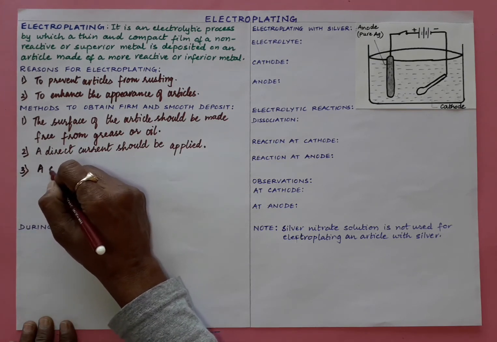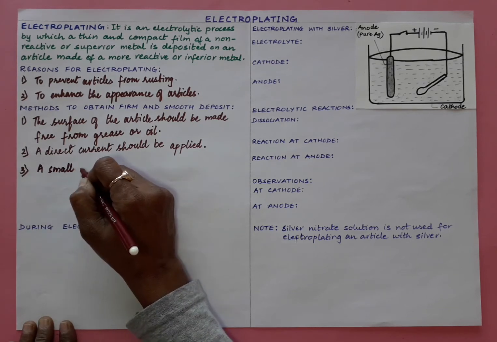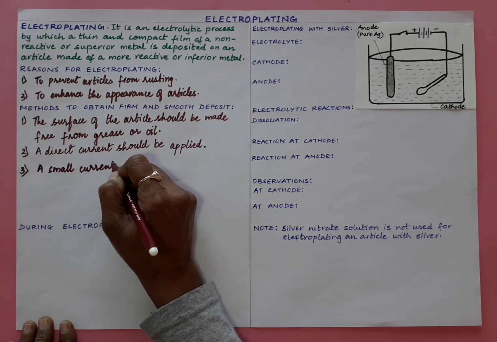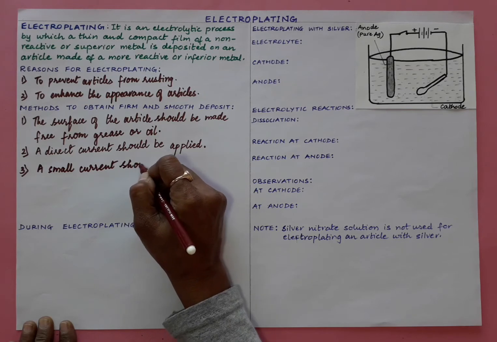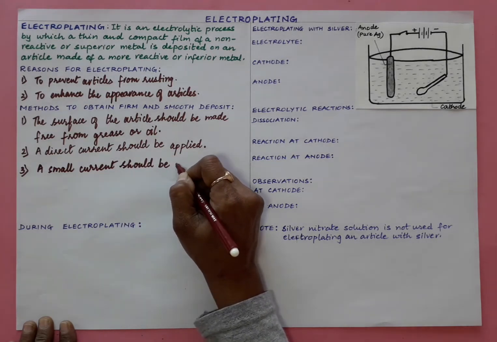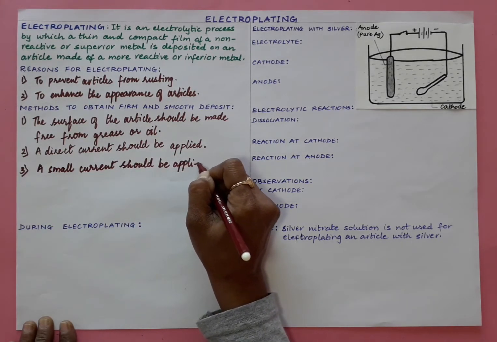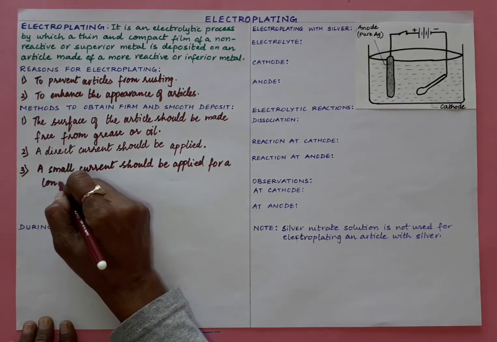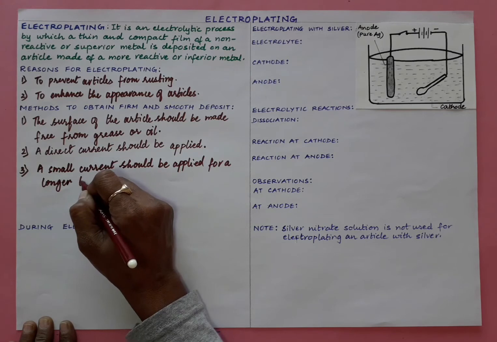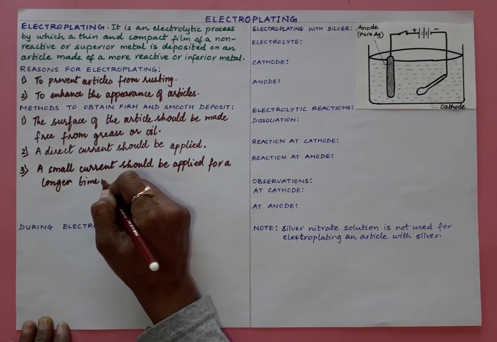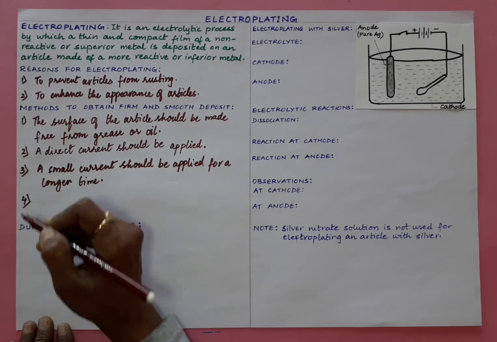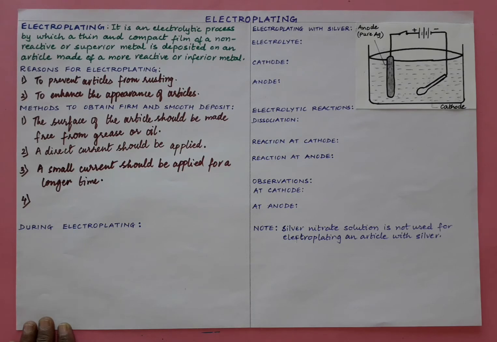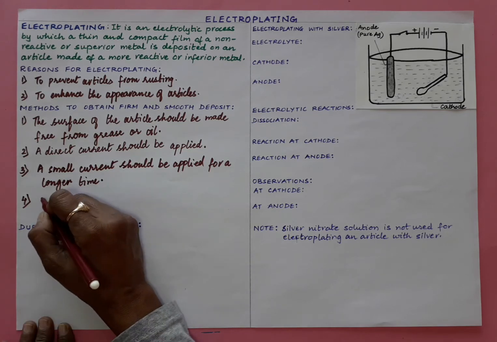Next, a small current should be applied for a longer time. So a small amount of current should be applied for a longer time. If a large amount of current is used, then uneven deposition takes place. That is the reason why we use a small amount of current slowly for a longer time, so that a uniform layer is formed on the object.